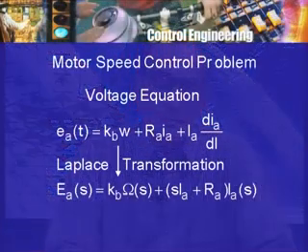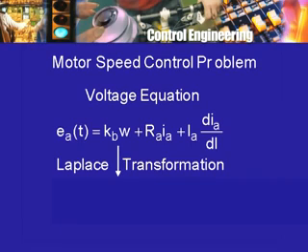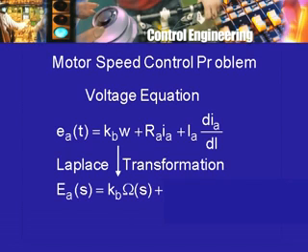So the voltage equation was the applied voltage, and therefore I have its Laplace transform E A of s equals kb times omega s plus R A I A gives rise to R A times I A of s, and L A d I A dt gives rise to S L A, and therefore I will write this as S L A plus R A multiplying I A of s.